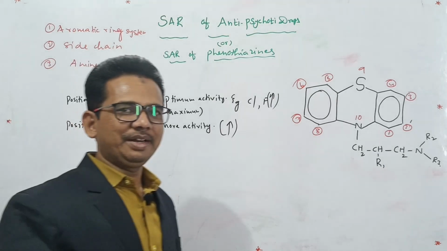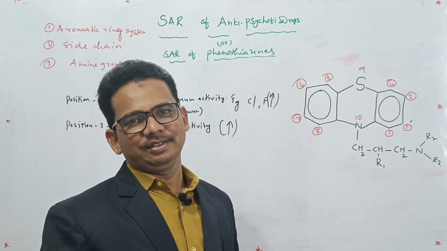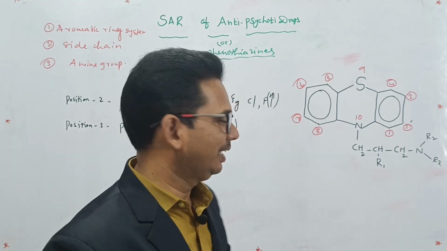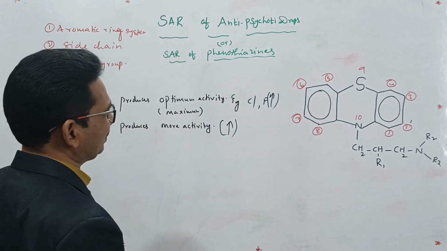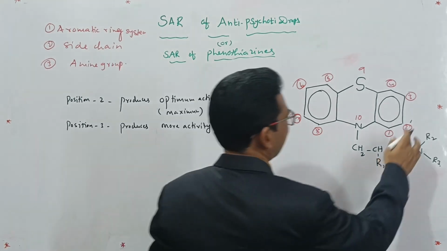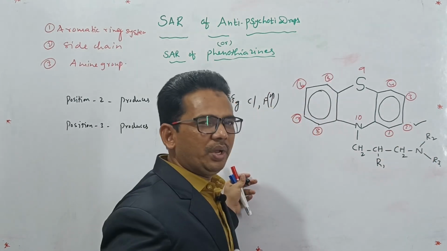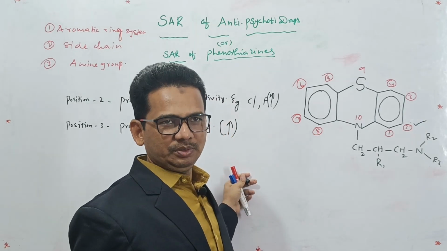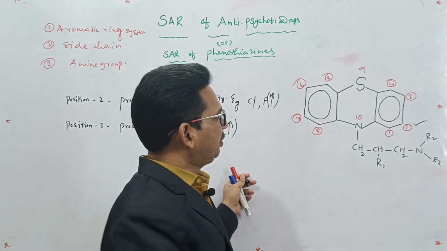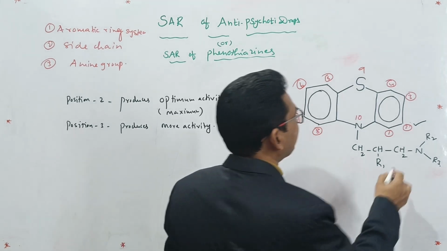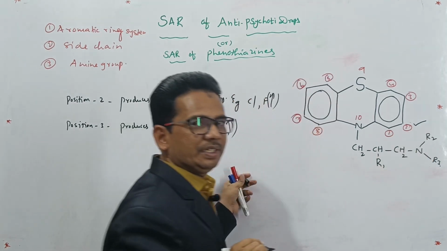But you might get confused here. Which one will be more active, the second position or the third position? Of these two, the second position is much more active when compared to the third position. The third position produces more activity only when there is no substitution at the second position.